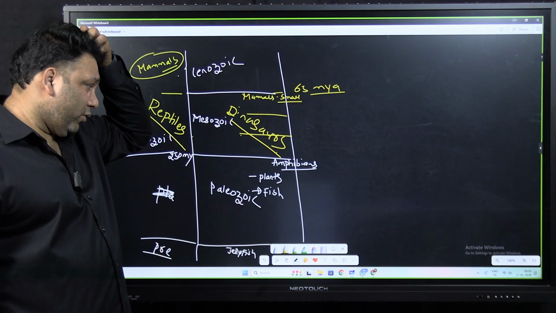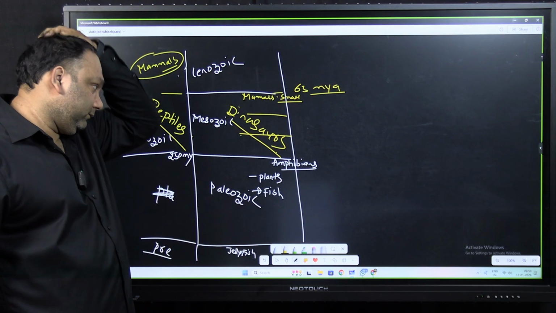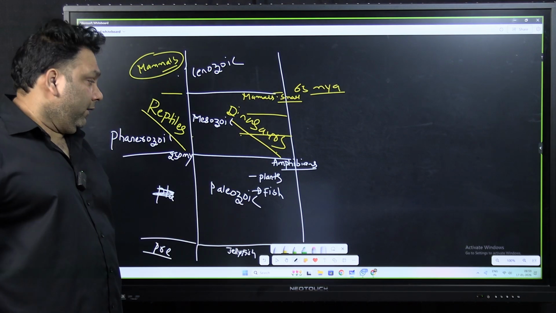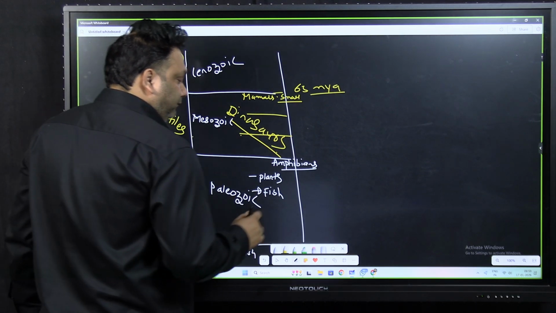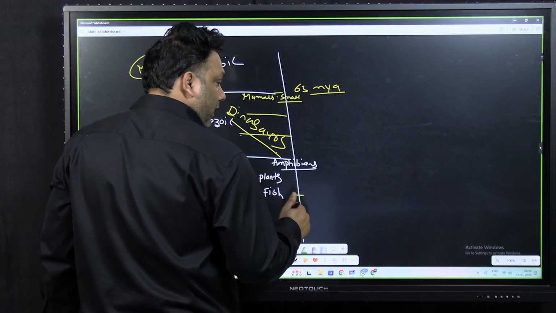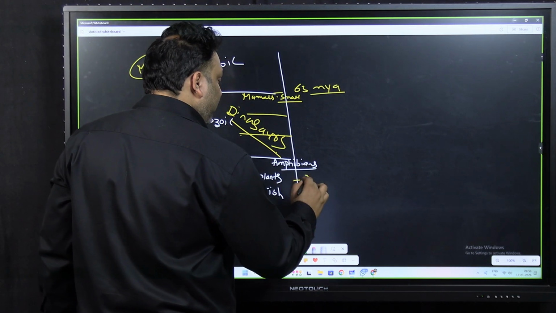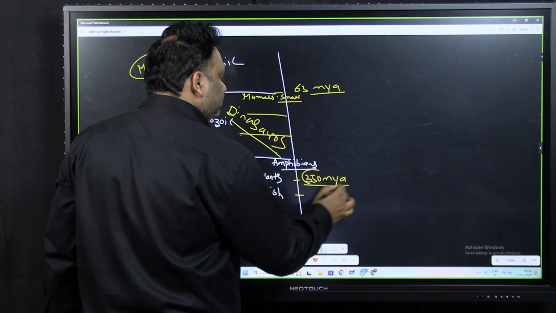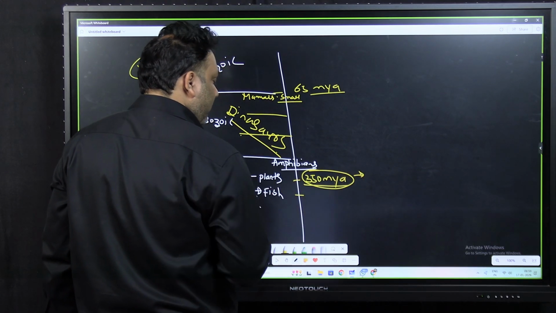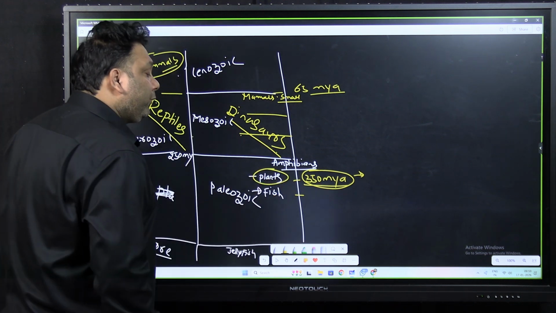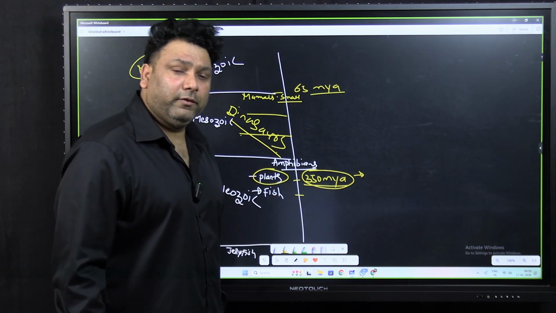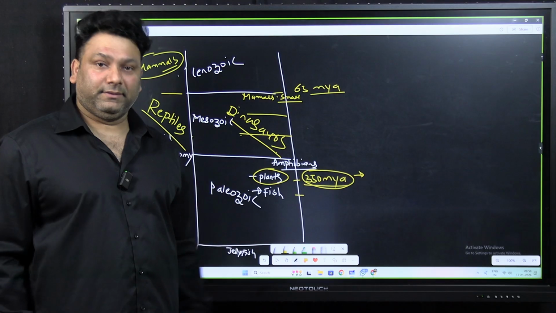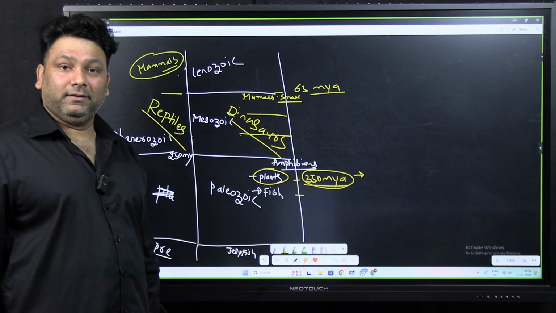2-3 incidents which are important in the Paleozoic, I'll tell you. So during the Paleozoic, around 350 million years ago, see, the plants have become so intense. Means the earth was completely infested with the plants. क्योंकि तब animals नहीं थे ना.